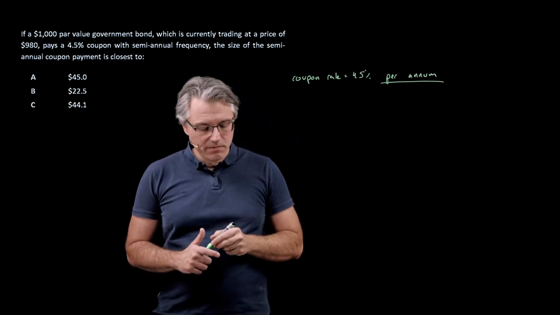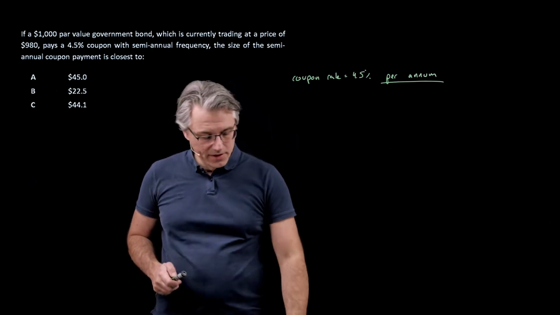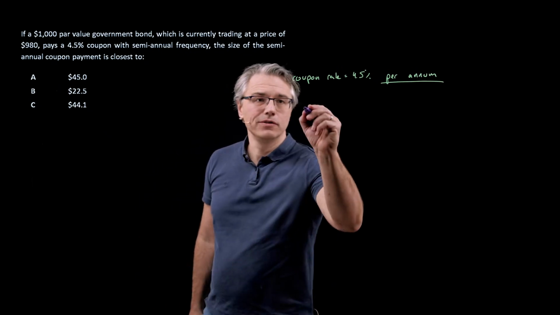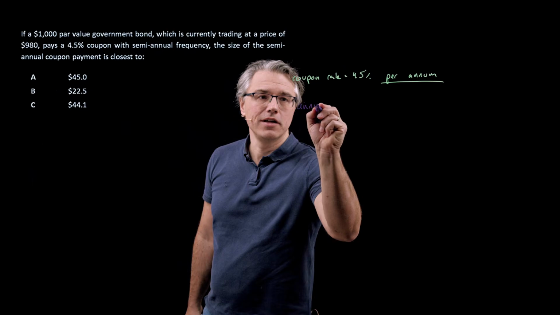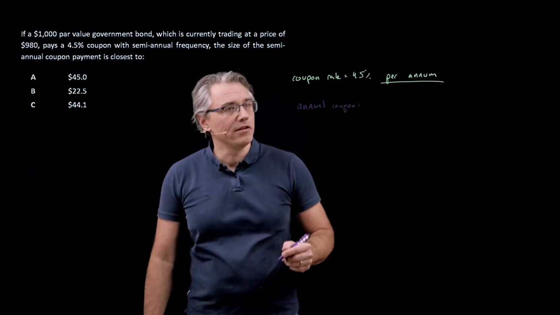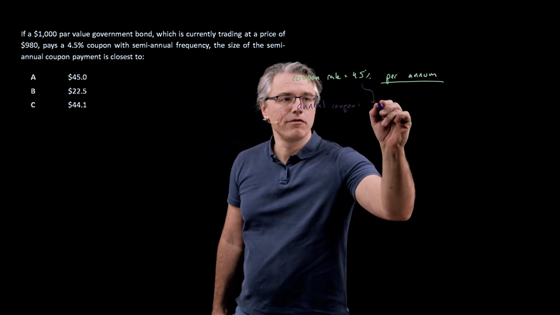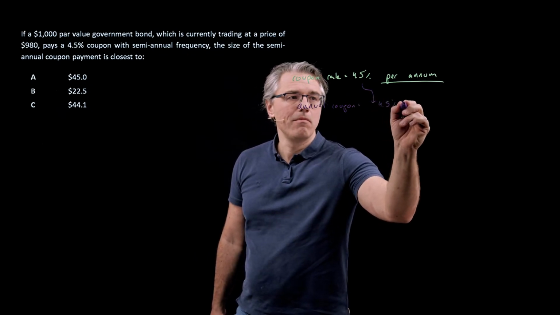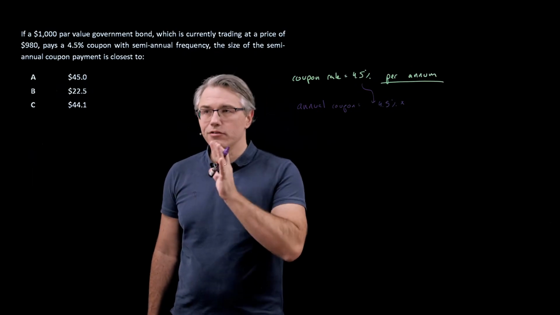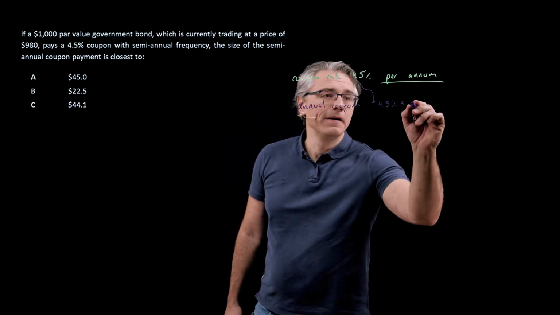This will be given on a per annum, per year basis. So the size of the coupon, but critically, the annual coupon is going to be whatever that number is, 4.5%, multiplied by the nominal value or principal value or par value of the bond.